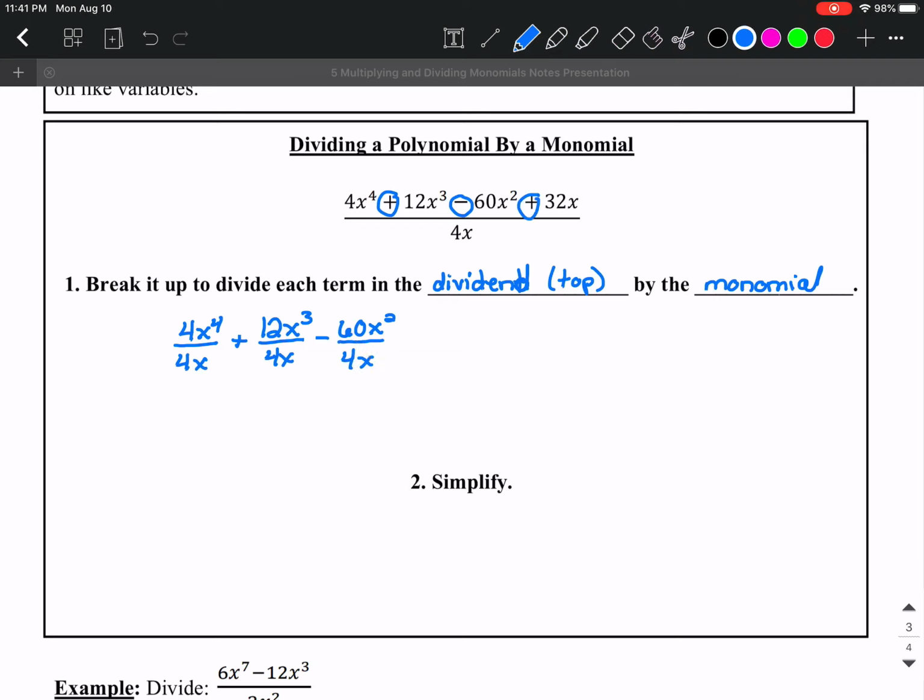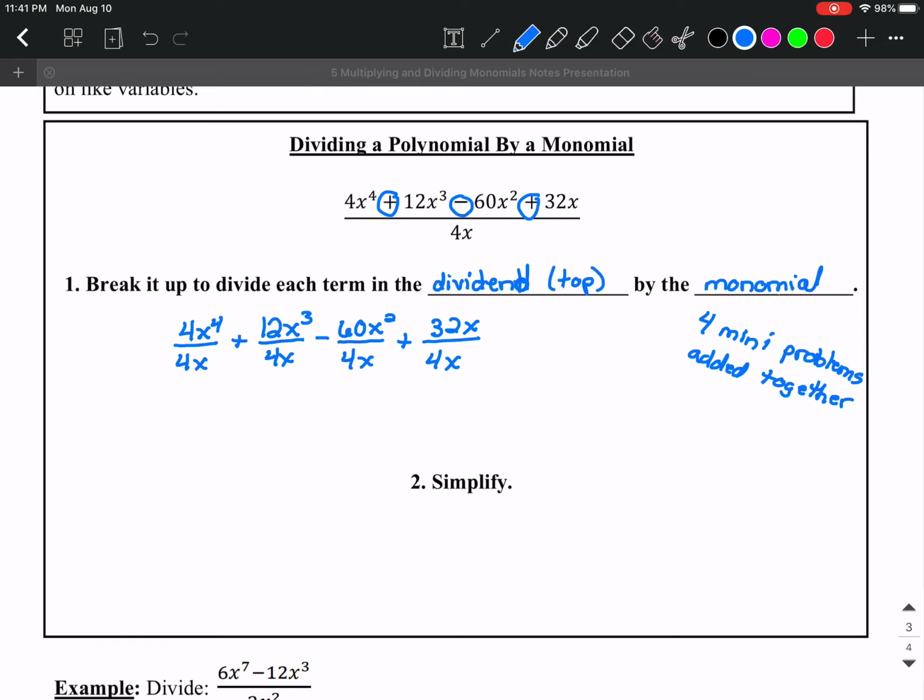Then we have plus 32x divided by that bottom 4x again. So what we have here is 4 mini problems added together. It's what we were doing up top, just there's 4 of them that we're going to add the answers to.